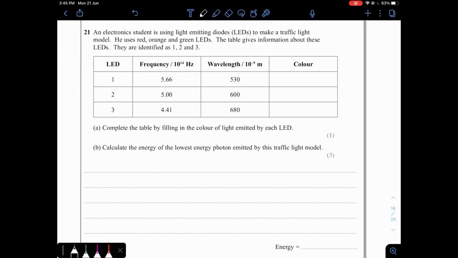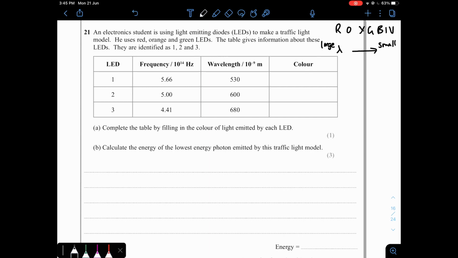Okay. So question number 21. An electronics student is using light emitting diodes to make a traffic light. He uses red, orange, and green. The table gives the information about these LEDs. They are identified as 1, 2, and 3. Complete the table by filling in the color of light emitted by each LED. I will remember it as Roy G. Biv, and I always remember this as going from large wavelength to small.